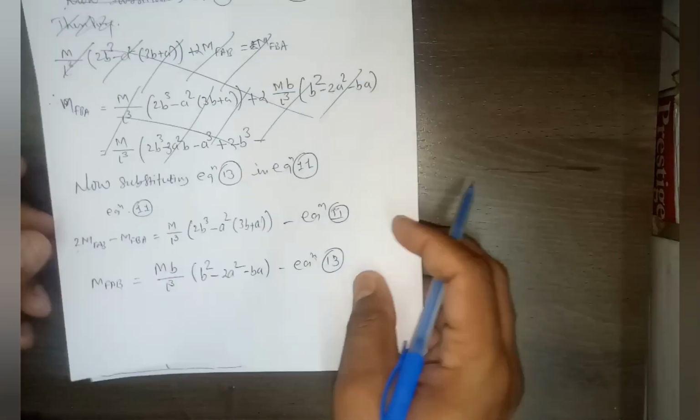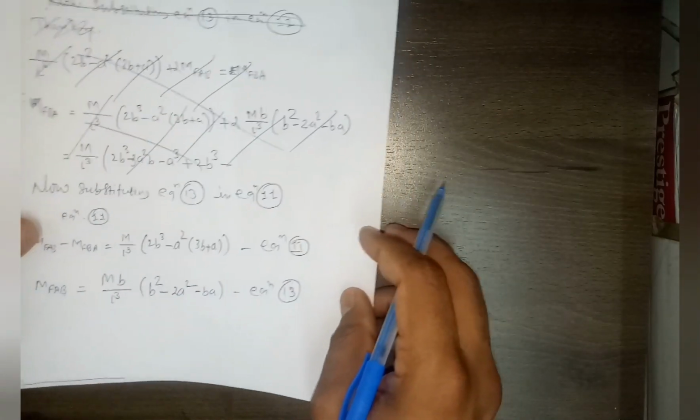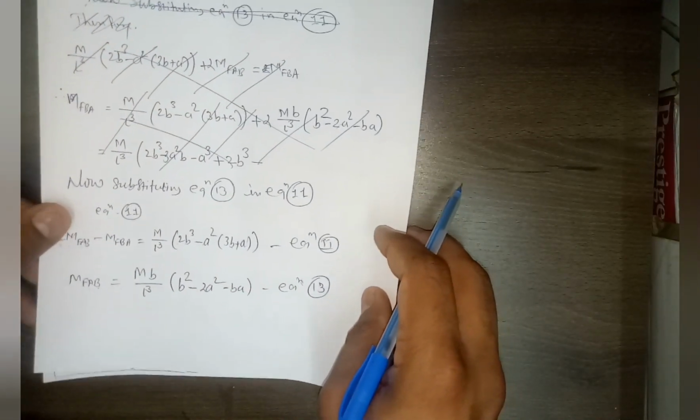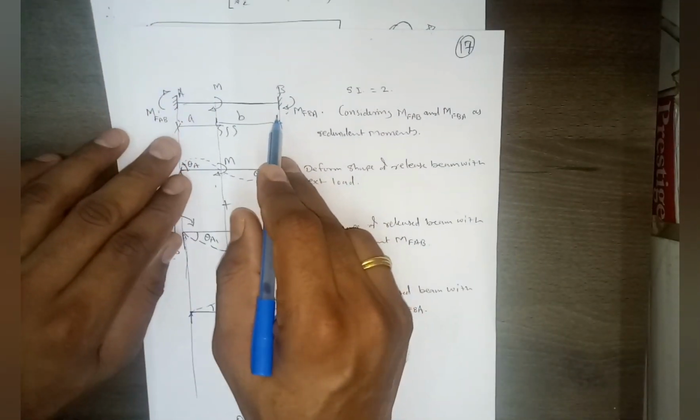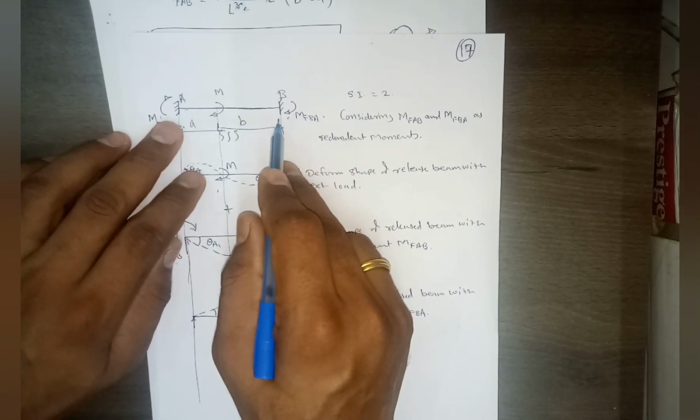Again, the remaining reactions you can calculate using the equilibrium condition. These two vertical reactions here you can calculate using the equilibrium condition, right? And then you can plot the shear force and bending moment diagram.